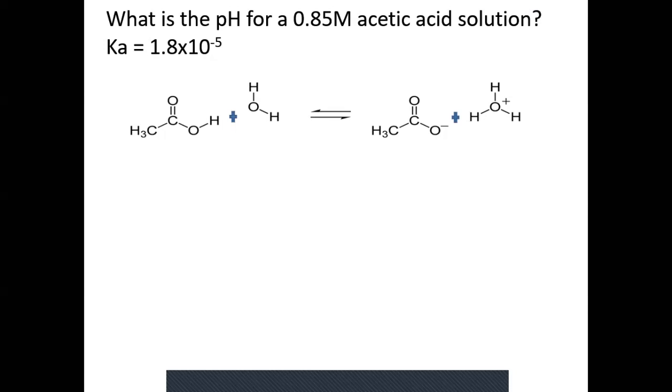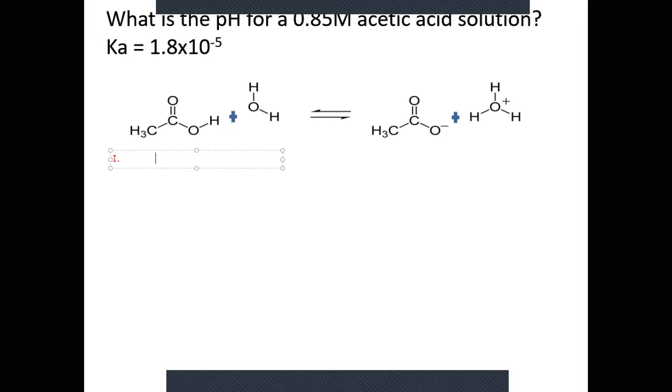So to calculate the pH of a weak acid solution, we're going to be using, you guessed it, the ICE equation. So initially we have 0.85 molar of acid and 0 of product.